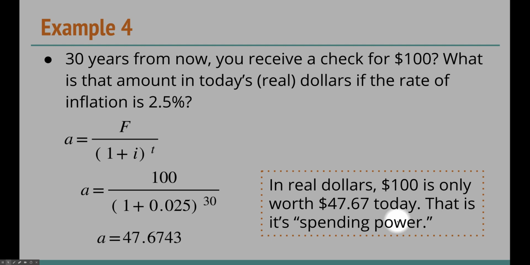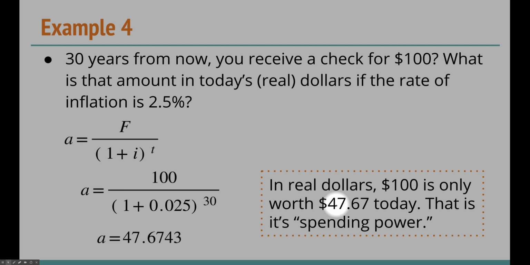So what we see is that $100 that I receive in the future has had its spending power cut by more than half. And that makes sense if you think about the previous video where we saw that the $100 doubled over 30 years time because of inflation.